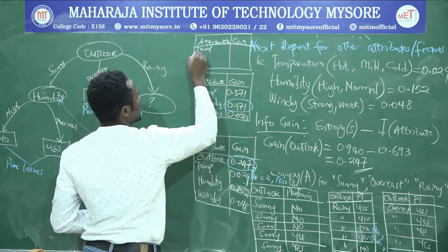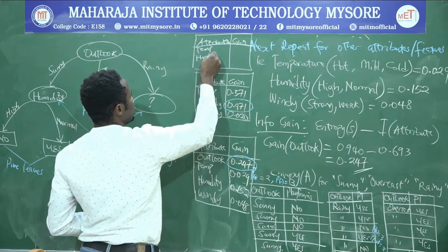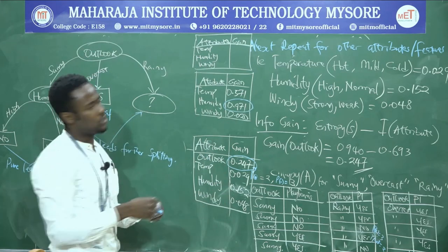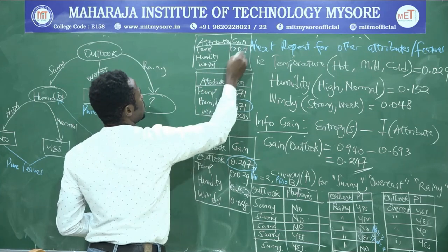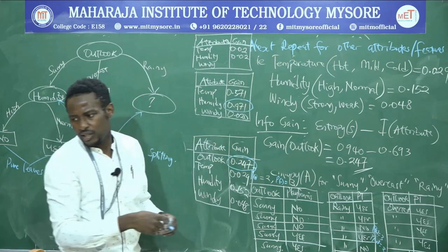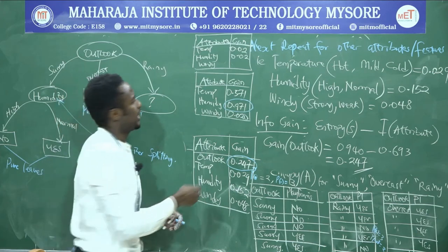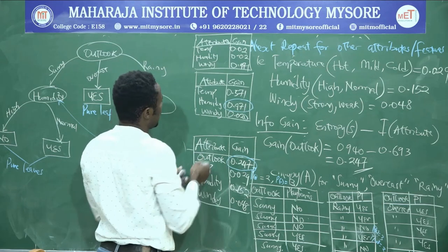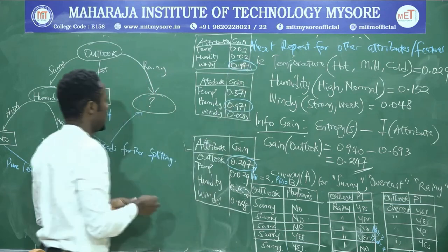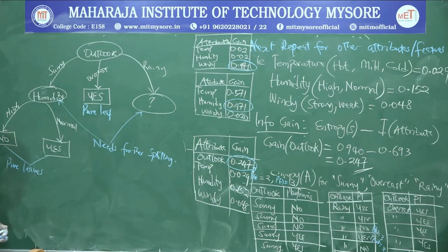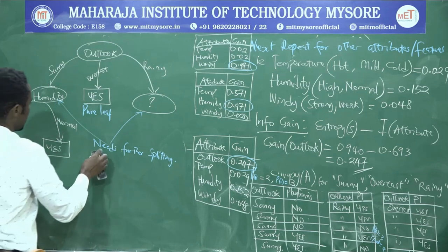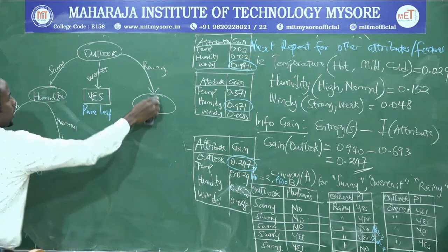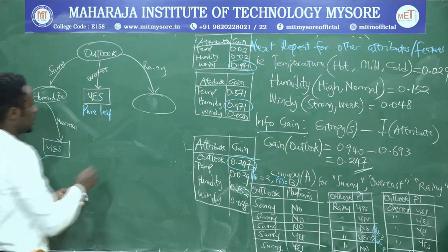Temp was 0.02, humidity 0.02, and windy 0.971. So you see again, windy is the next node. So I will update this now. This split is done, and what comes in there is windy.